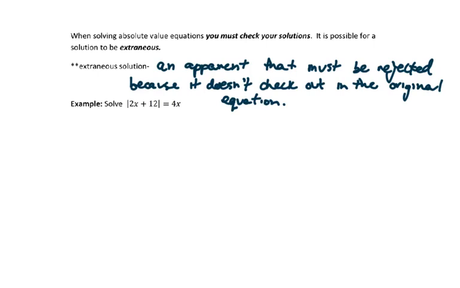And you can imagine that there's probably going to be an extraneous solution in this next example.